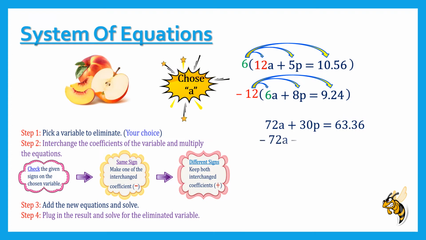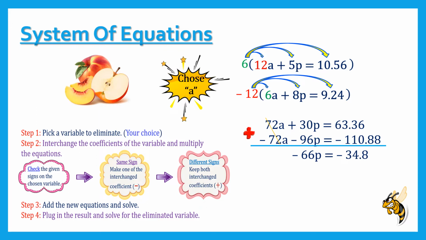So I'm going to have negative 72a minus 96p equals negative 110.88. We're going to add, and if you notice, because I chose a, they became additive inverses and they cancel out each other. So now we have negative 66p equals negative 34.8.